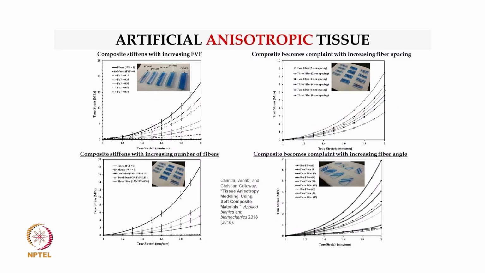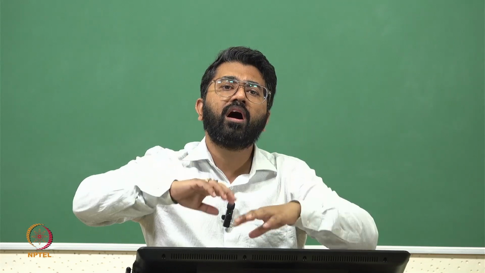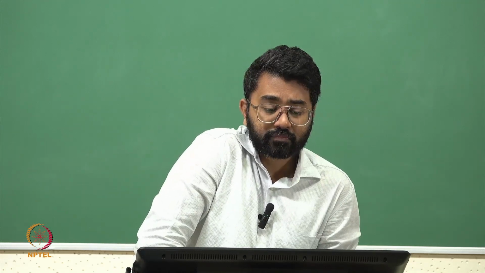So if we have a very low fiber volume fraction of 0.17, which you see on the figure on the very top left, the first figure, that means the fiber is either narrow or you have a very small population of fibers, right? Here we just worked with some bulk fibers to understand the fundamental concepts of what happens when you have a hard material within a soft material, specifically to simulate skin, right?